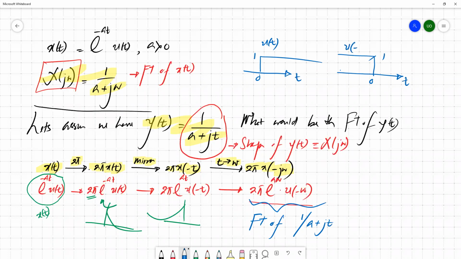So this is 1 from minus infinity to 0, and ut is 1 from 0 to plus infinity. So it's very simple. This is a mirror of that one. Then replace t by omega, so you have 2 phi e to the power a omega u minus omega. So this is the Fourier transform of this.